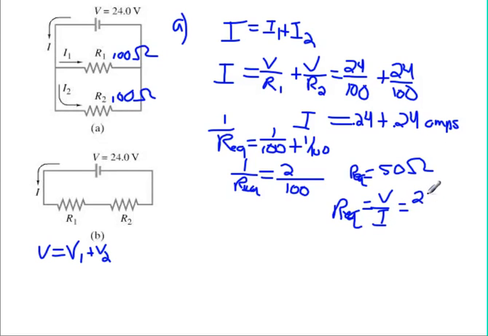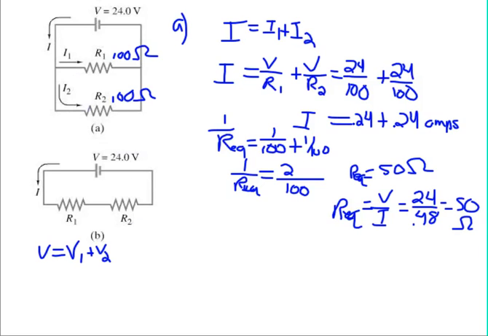The voltage supplied by the battery, remember, we're ignoring internal resistance on all these problems, so we're just thinking it's perfect. There's no voltage drop, when of course in reality there would be. But anyway, 24 volts supplied by the battery, and then we said the current these two resistors are drawing is 0.48. If you divide that, I think you get, what do you know, 50 ohms. So you could get it either way on that one.